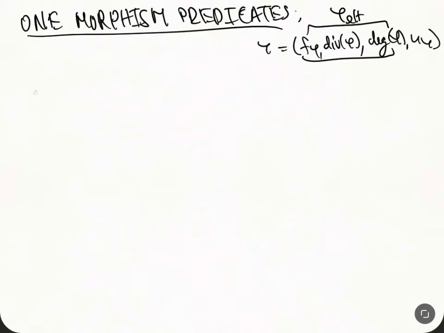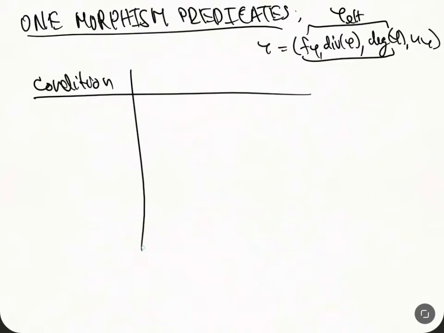Okay, so here's a condition. So the condition would be that this part here, the elementary part, looks like star star 1. What this is saying here is that since this third component of the elementary part is the degree, this is just saying it's degree 1.